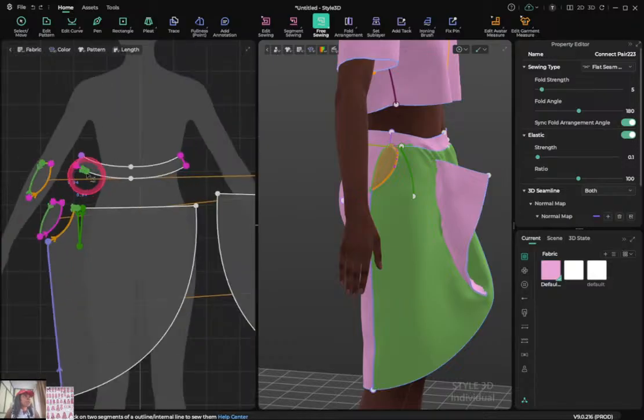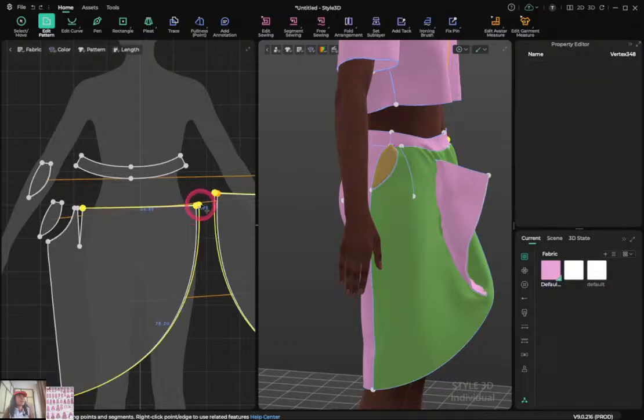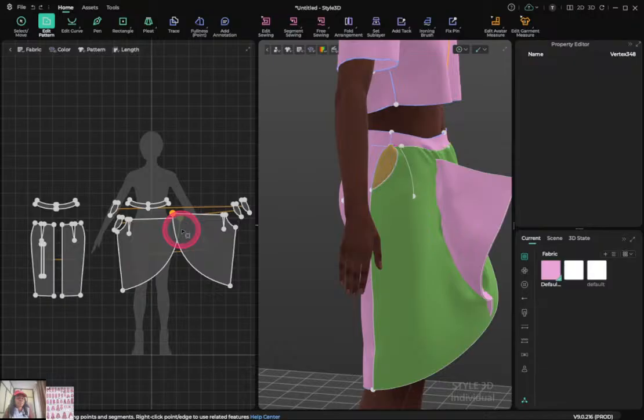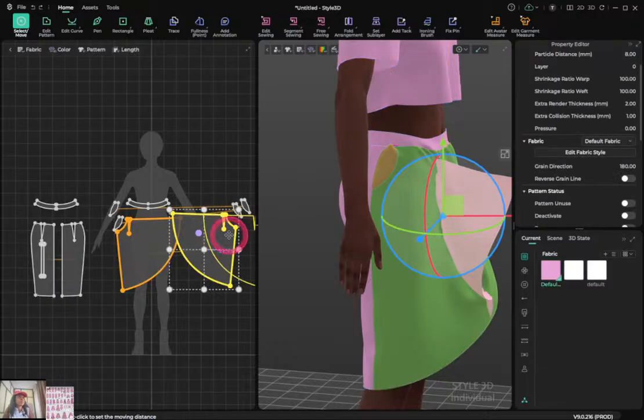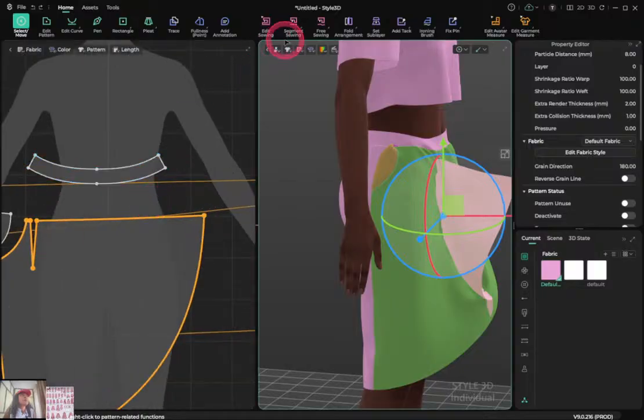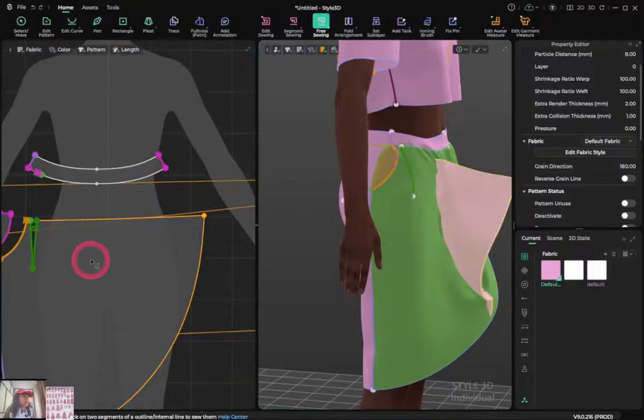okay, so now for the rest of this I'm going to make it overlap. Before I even make it overlap, let me first widen it all the way, maybe up to there. And then I'm going to go back to the free sewing.